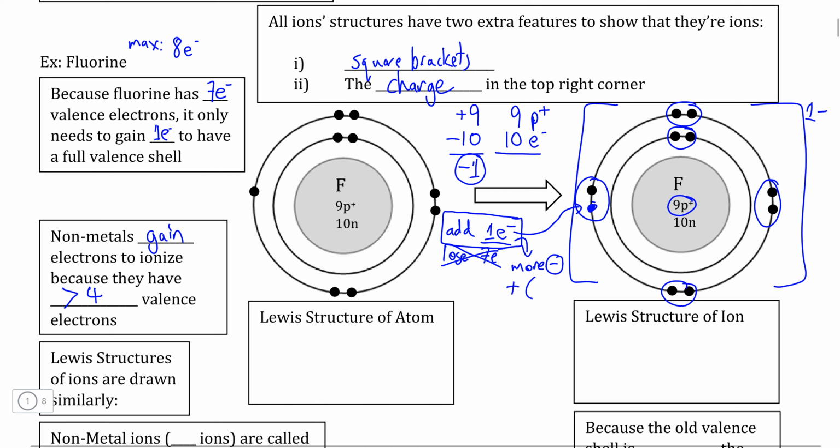In other words, we are adding a charge of negative 1, and whenever we add a negative number, we are making the number more negative, which is exactly what we see here. So either way, if we compare the number of protons and electrons, or we look at how adding or losing electrons changes the charge, we end up with the conclusion that fluorine forms an ion with a negative 1 charge like this.